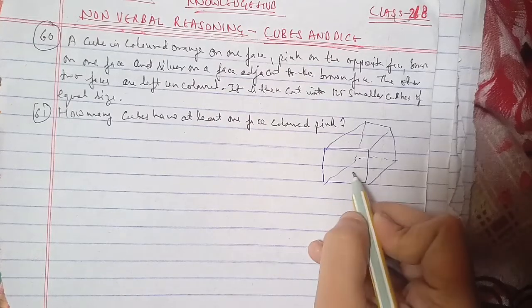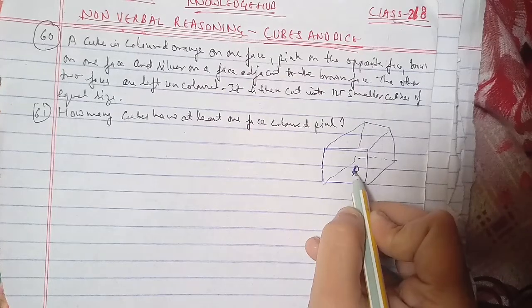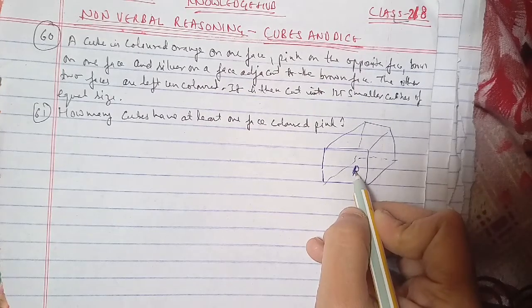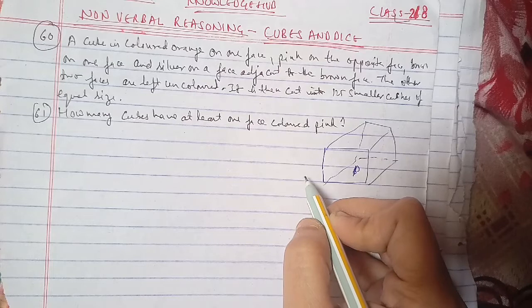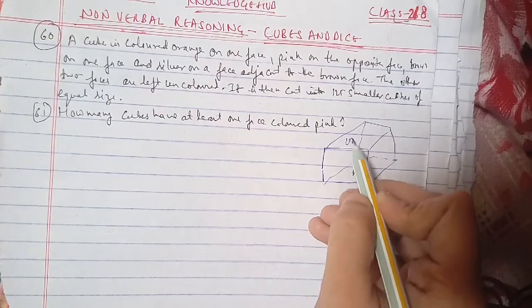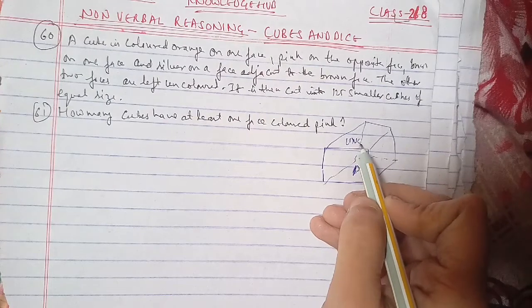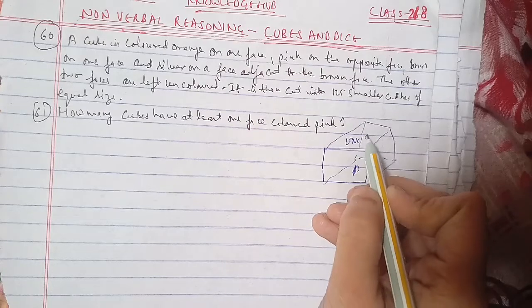The bottom is pink. First I will write down the bottom, which is pink. The side faces are colored and uncolored, and the back one is uncolored. Then the top one we have is orange.